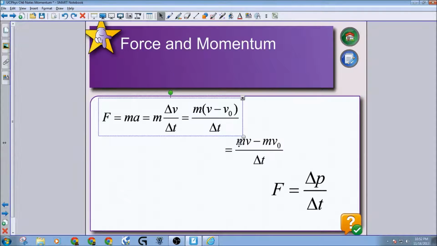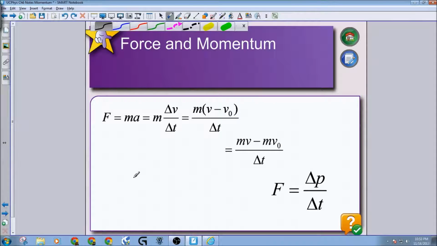We can rewrite this as force equals change in momentum divided by change in time. And I would even take it a step further to get it into a more usable equation for us when we're solving impulse and momentum theorem problems.